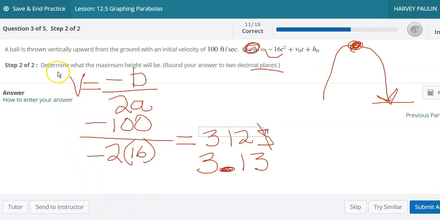Now, what will the maximum height be? Okay, well, we need to find our y value here, because we found the x. Well, we're going to put this into this equation with 100 being there and see what we get. Someone's calling us on the phone.